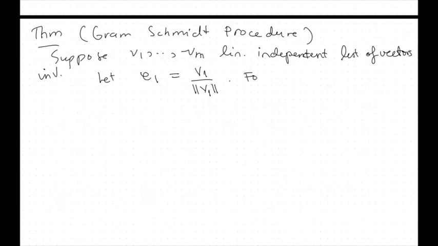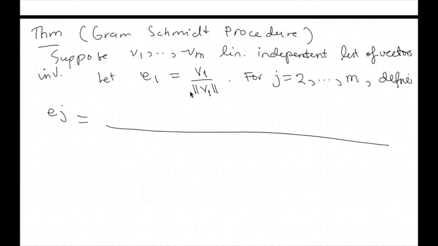And then for j from 2 to m, we define e sub j inductively as follows. I will use the third edition of the book here. e sub j is just the following.